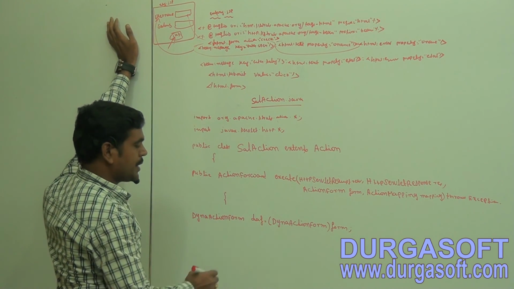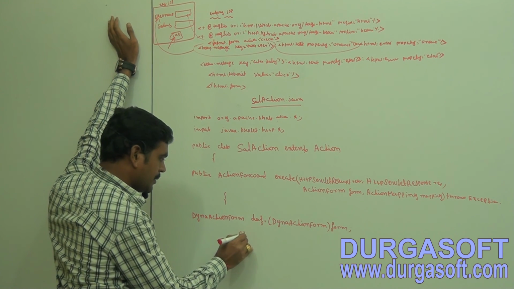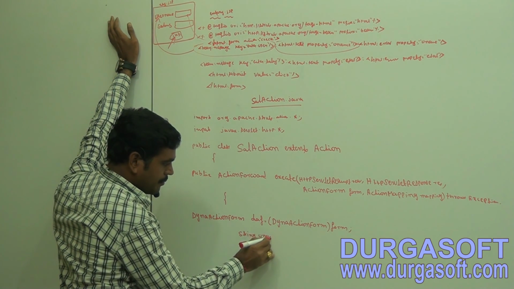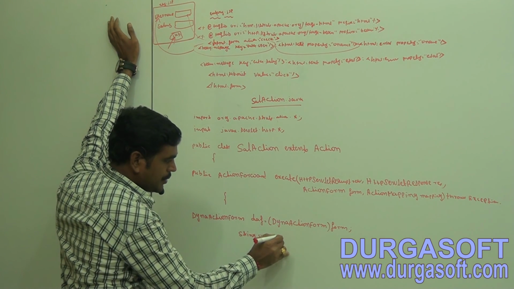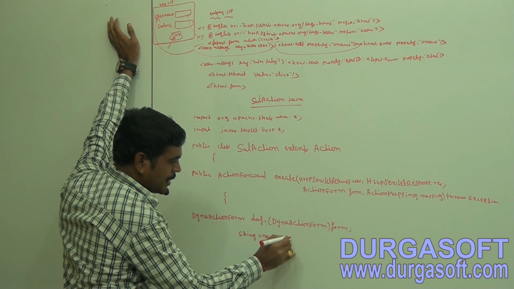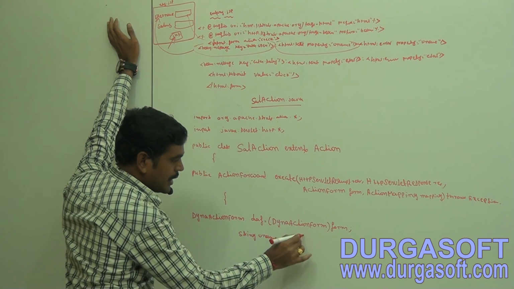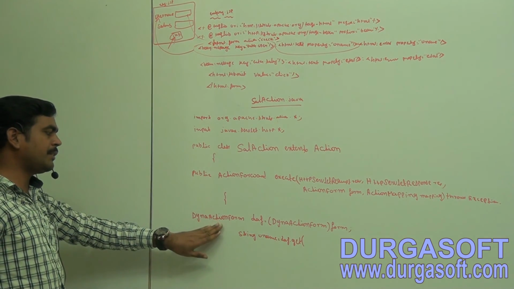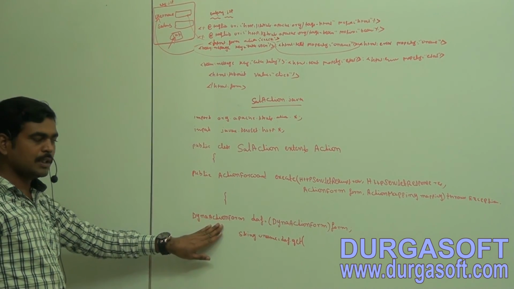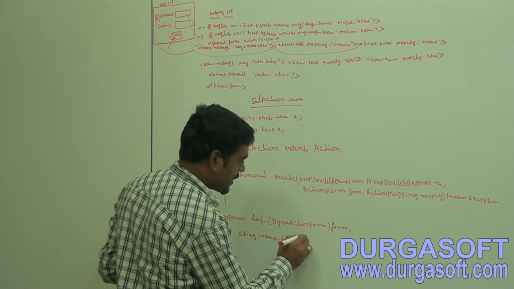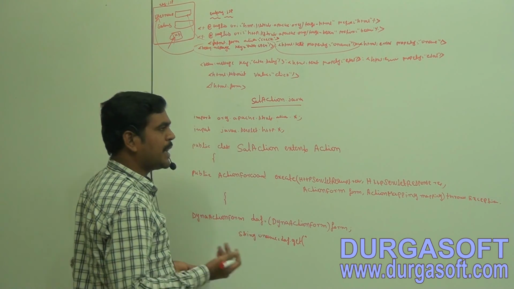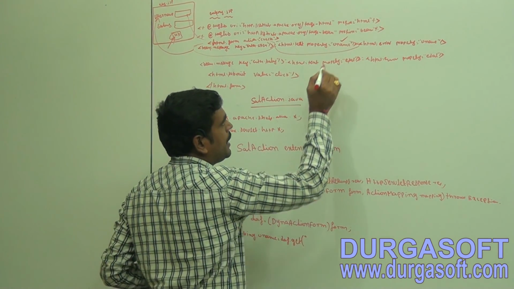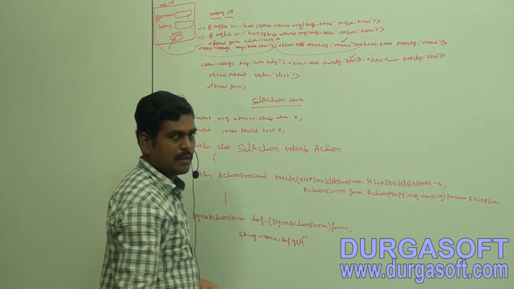Then next we need to get the username, right? String uname is equal to daf.get method. The get method is the predefined method given by this DynaActionForm. Here we need to pass the property name. What is the property name? uname and isal, right?